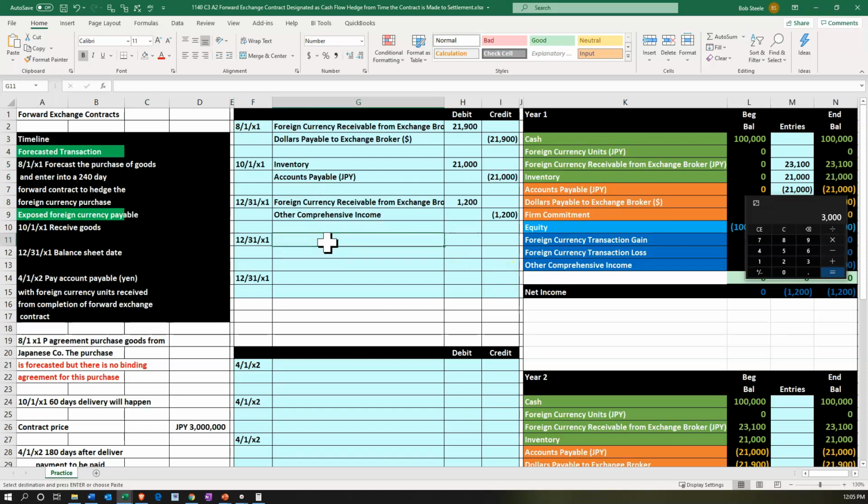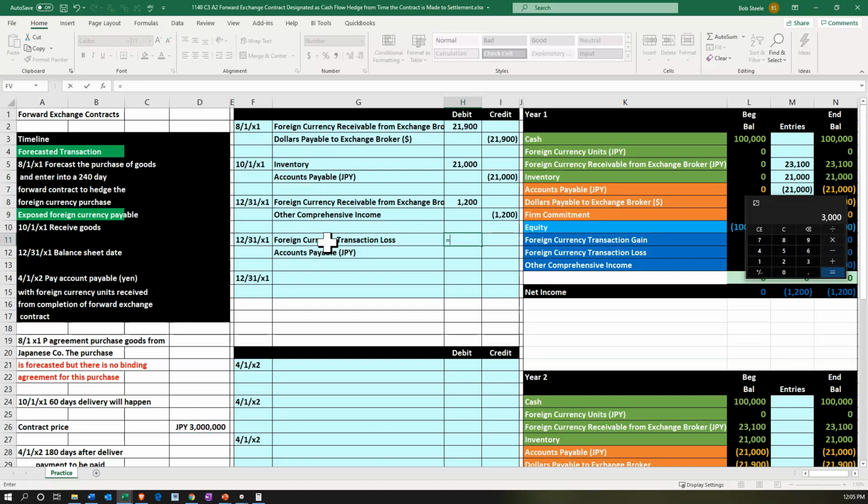So we're going to say, all right, then we've got the loss we're going to put up top, foreign currency loss. Other side is going to go to the payable. So we got the payable. Let's calculate it again by saying equals brackets, picking up that 3 million, and multiply or minus. Let's do that one more time.